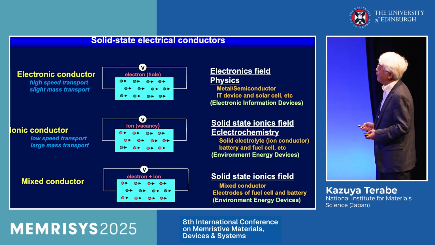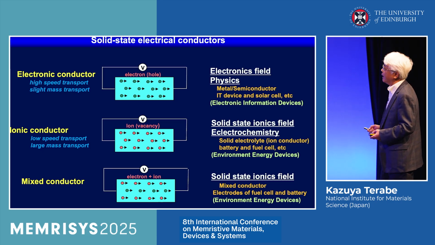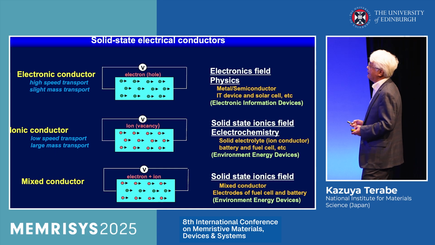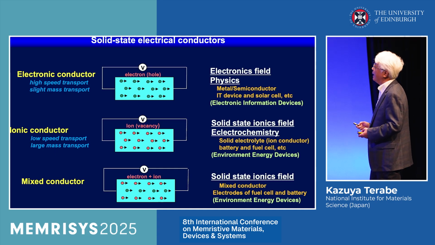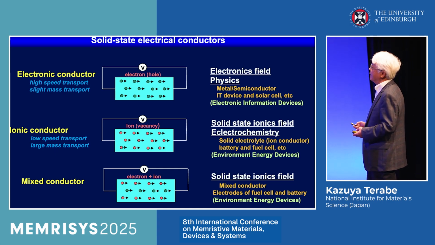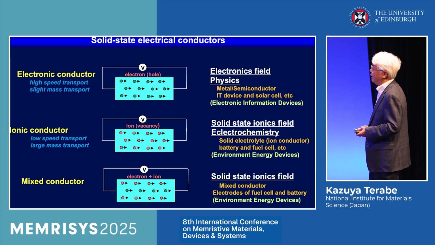The other material is the ionic conductor. In an ionic conductor, ions and vacancies migrate. This speed is very slow, and there is also large mass transport.